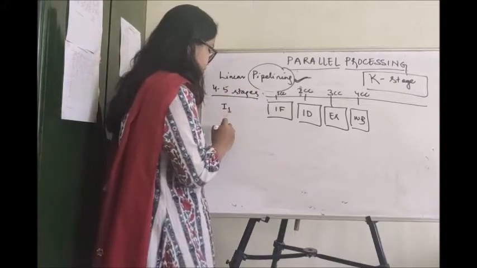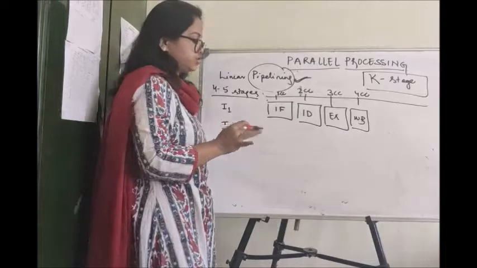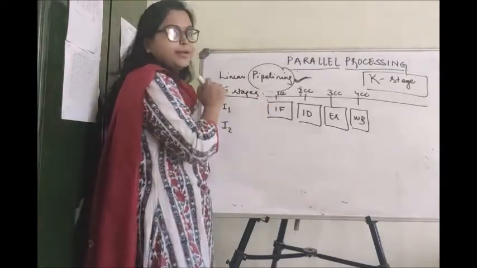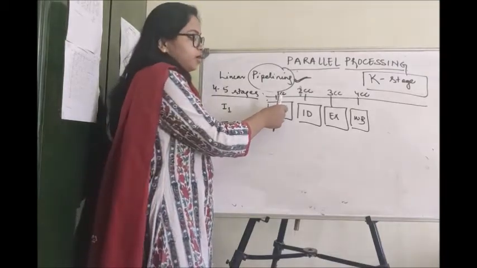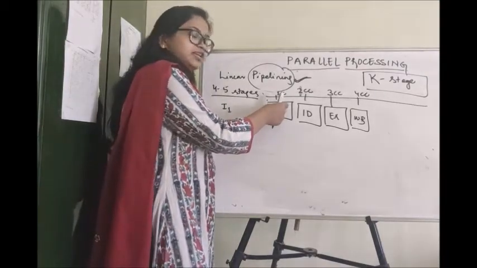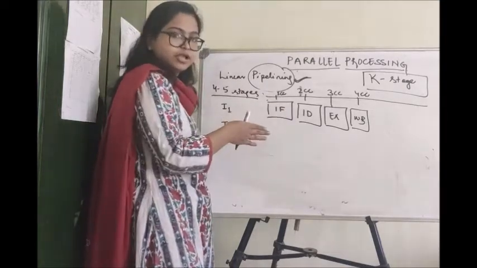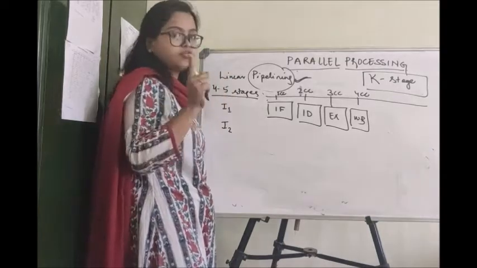Now second instruction. I need your absolute attention in this case. In the second instruction, we can't do it parallelly. Why? Because we do not have a different processor. If our processor is busy in fetching, we cannot make it fetch another instruction at the same time. Okay? Because there is only one processor. We do not want to increase the hardware, remember?